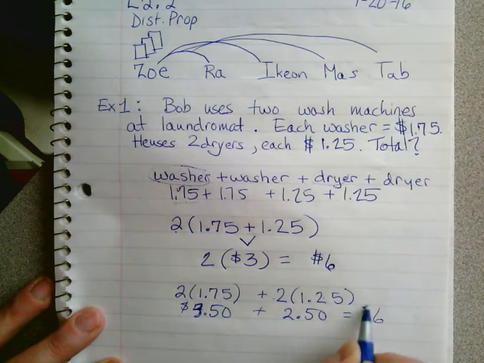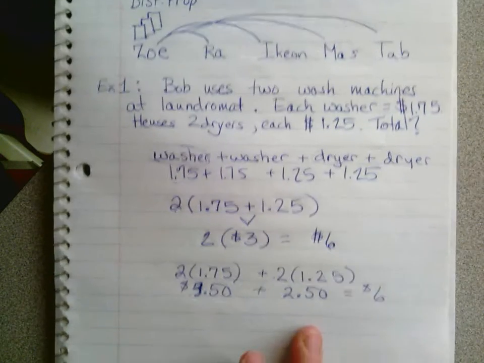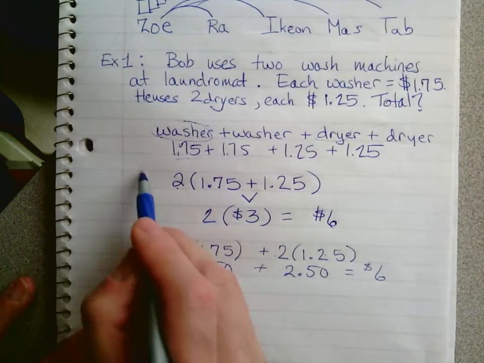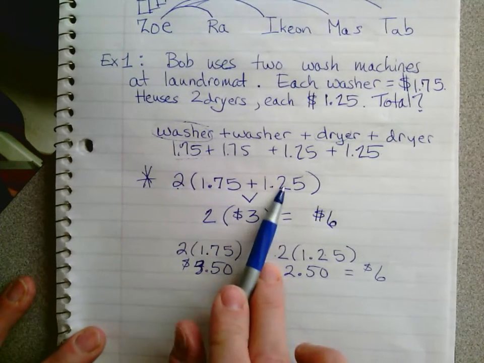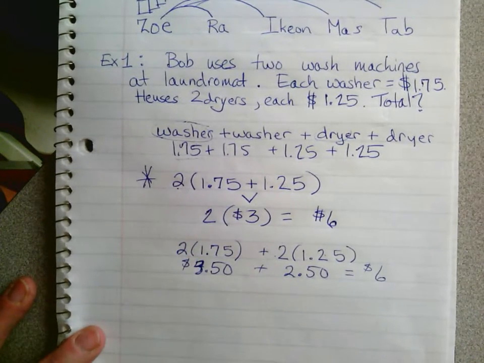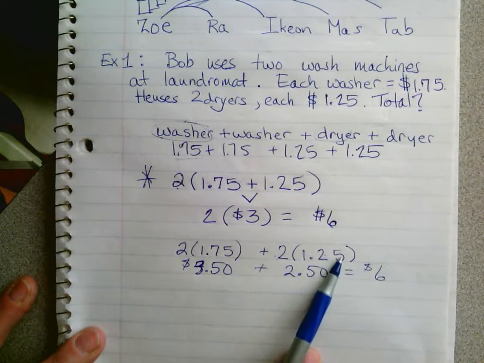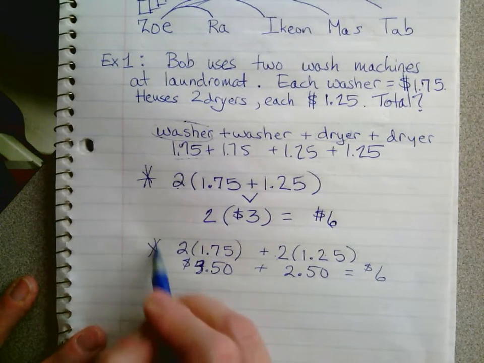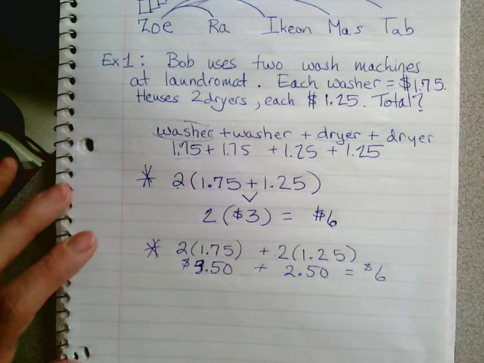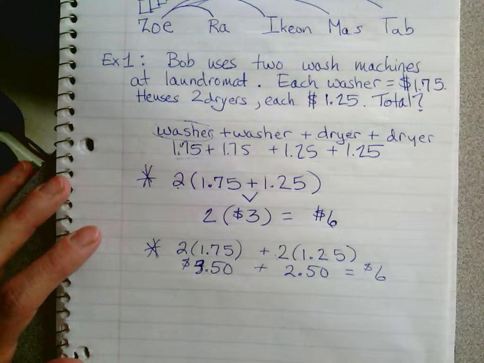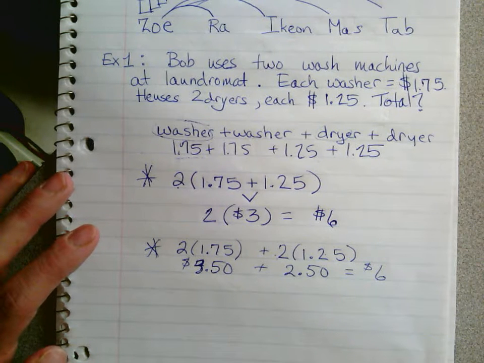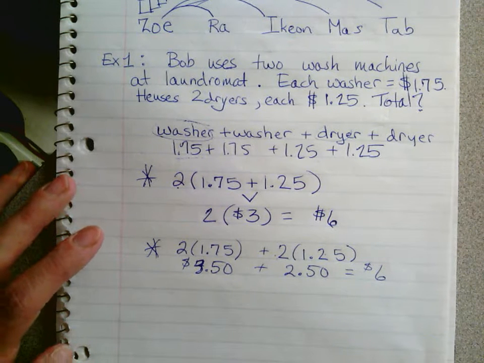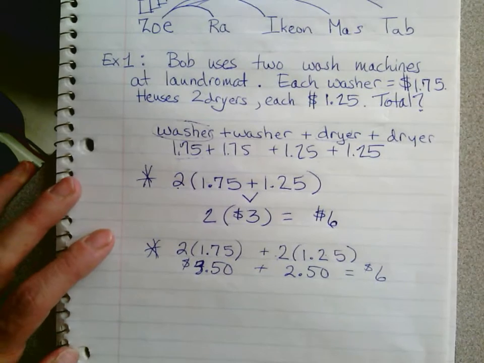In the end, you're still going to come up with the same answer. So you can either add together the items and double it, or you can double each item and then combine them. You'll see that both methods will give you the same result. Which leads us to what's called the distributive property at the bottom of page 71.